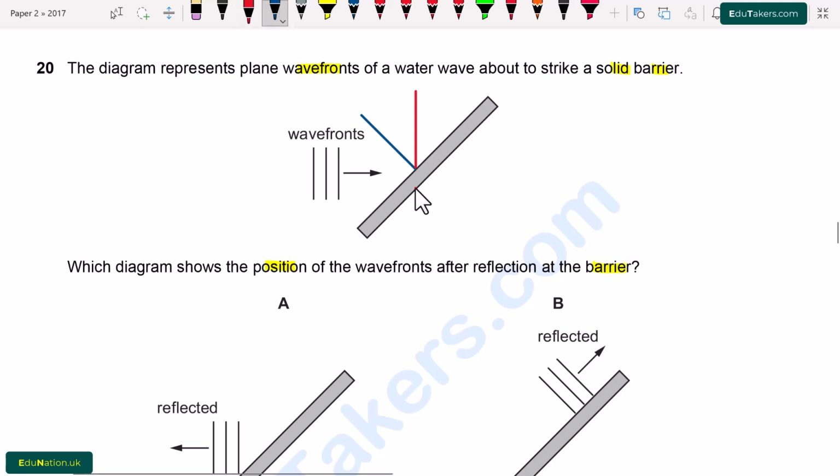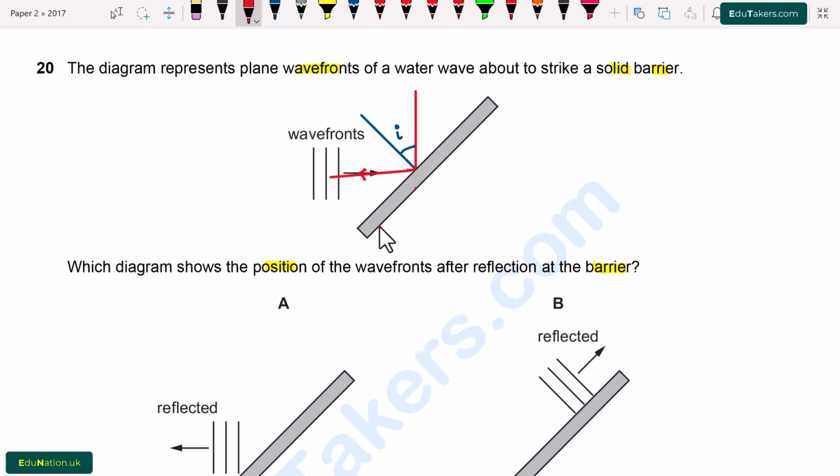Angle of incidence is the angle made between the normal line and the incident wavefront. So this angle is equal to the angle of incidence. Next, the wavefront should be reflected in such a way that the angle of reflection will be equal to the angle of incidence. Now I am going to draw the reflected wavefront. So the ray will be reflected in this direction, that is horizontally.